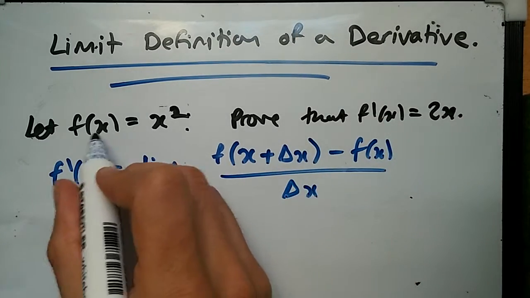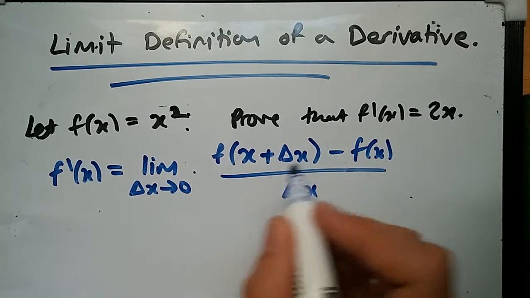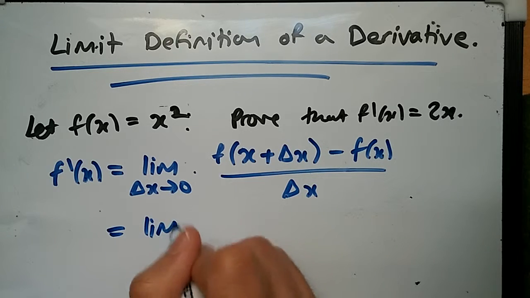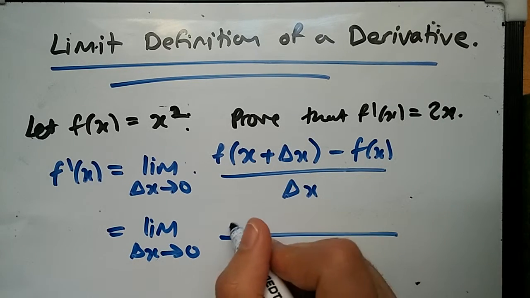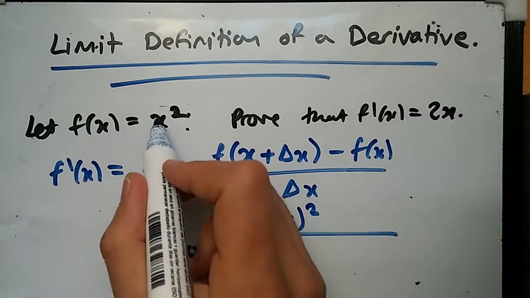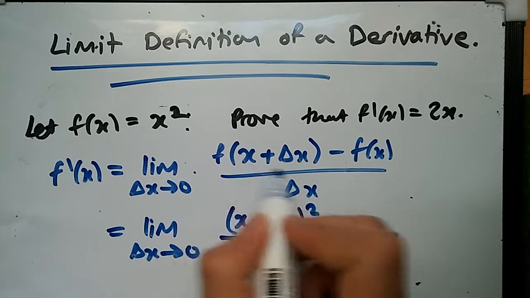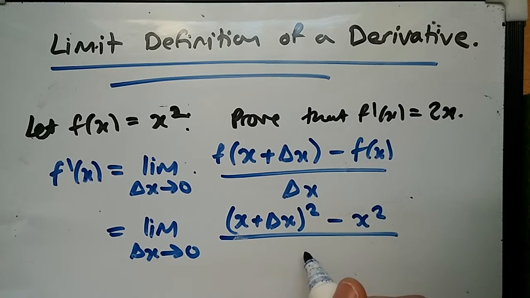Now replacing f(x) with x squared, this would be x plus delta x squared. So we have the limit as delta x approaches 0 of (x plus delta x) all squared minus x squared over delta x.